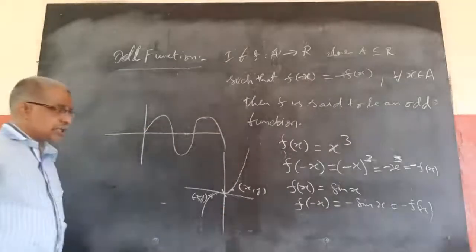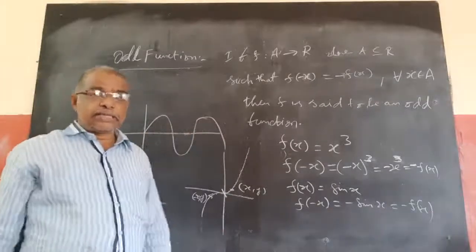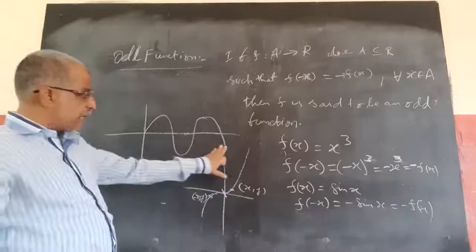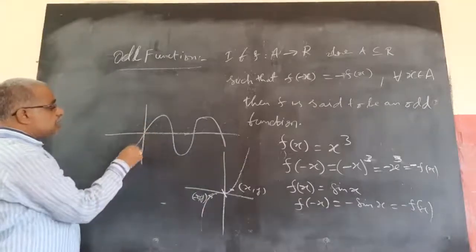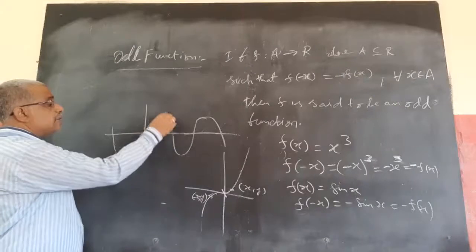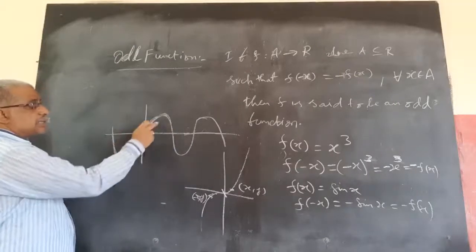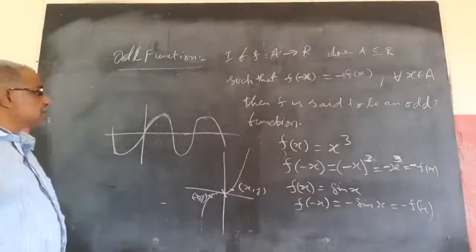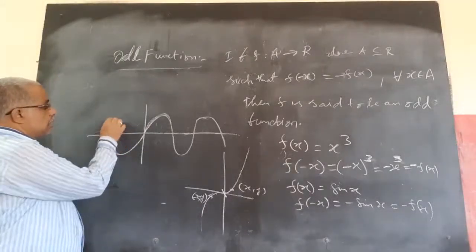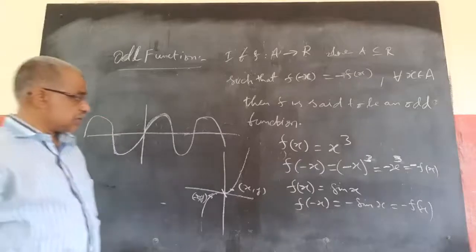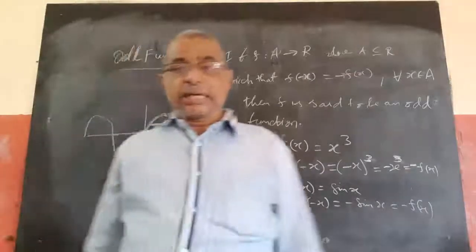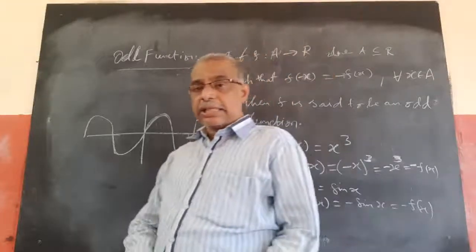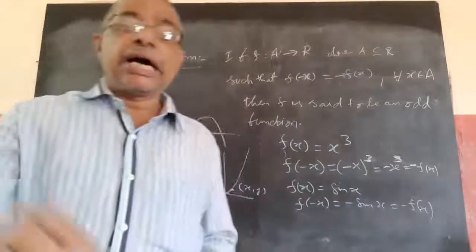Here also, if you observe the graph of the odd function, it is symmetric in opposite quadrants. If x comma y is one point, then minus x comma minus y is another point.